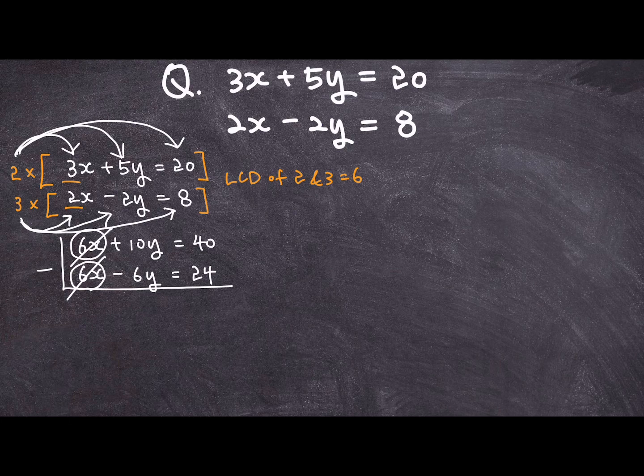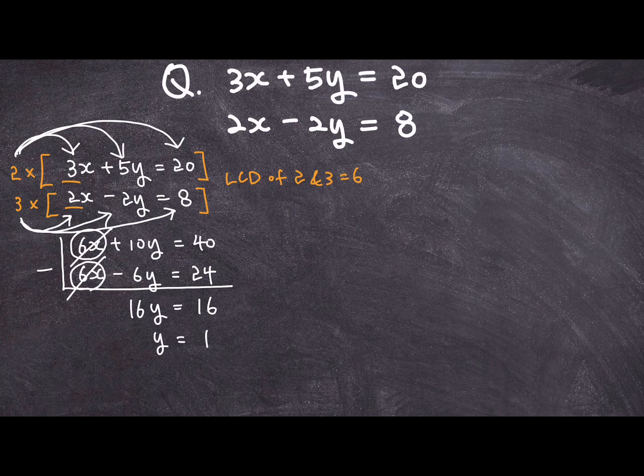Now as for y, 10y minus negative 6y is equal to 10y plus 6y, which is equal to 16y, and that should equal to 40 minus 24, which is equal to what? 16. So if I divide both sides of the equation with 16, I get y is equal to 1.